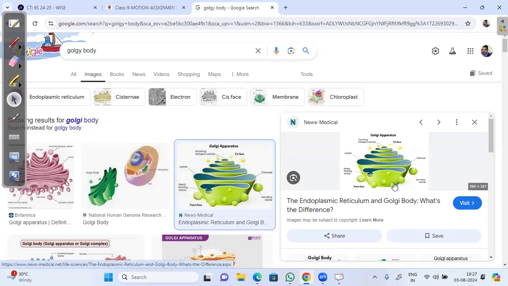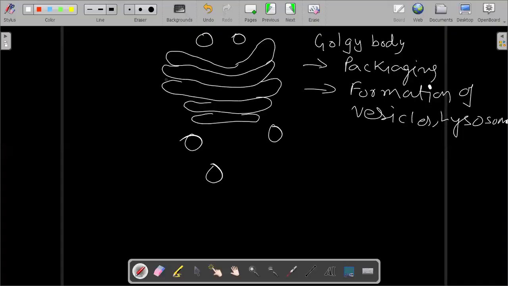The lamellar structures, or lamellae, which we see in the Golgi body are called cisternae. So let's label our diagram also. These structures are called cisternae.